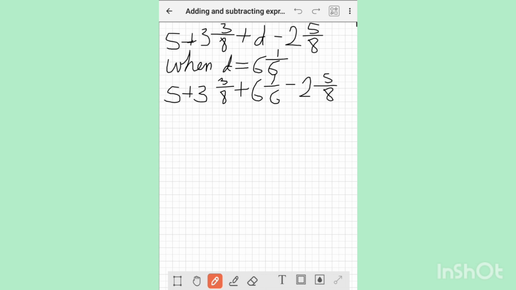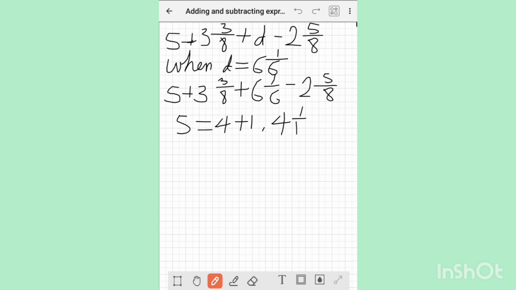Now looking at the expression here, we have a whole number, which is 5, so I'm going to express the whole number as a mixed fraction. 5 whole will be changed to 4 plus 1, which is the same thing as 4 whole 1 all over 1.